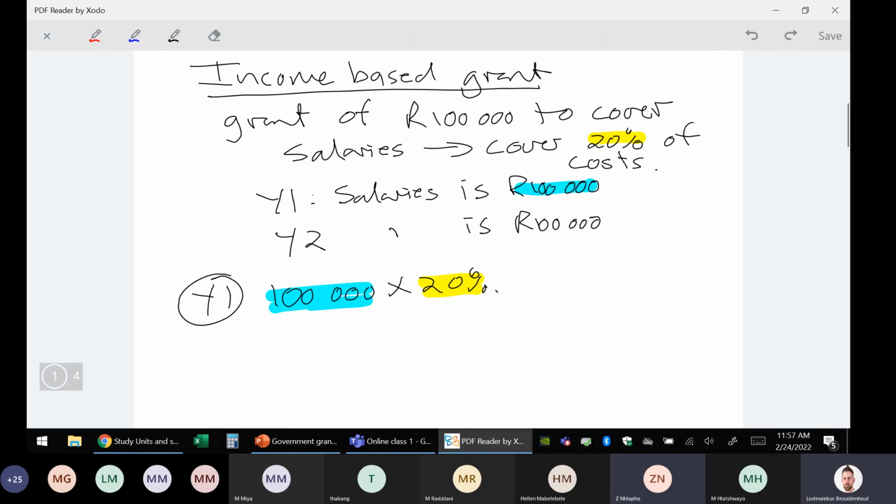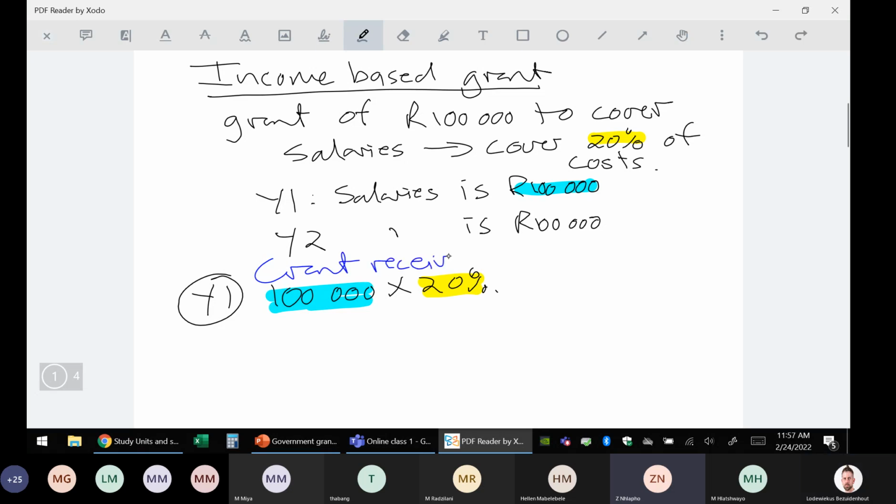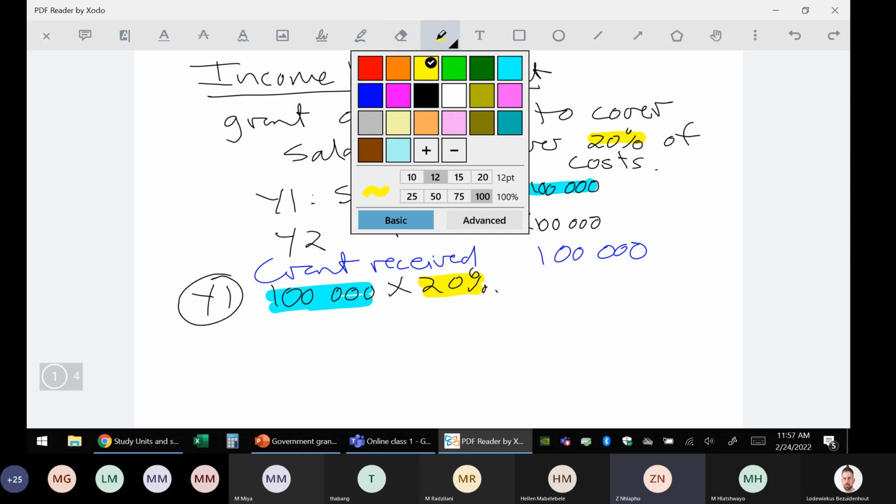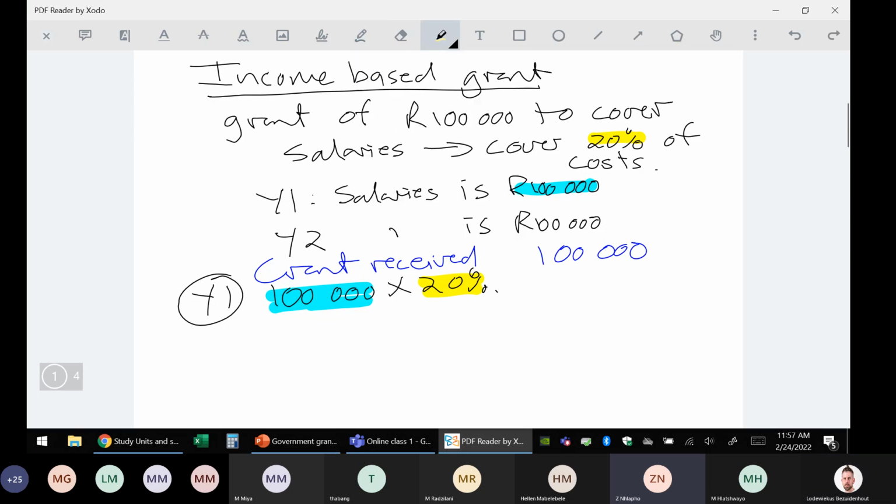So our grant that we received was 100,000. And that is our opening balance on our deferred grant account. So in year one, we will recognize 20% of 100,000.